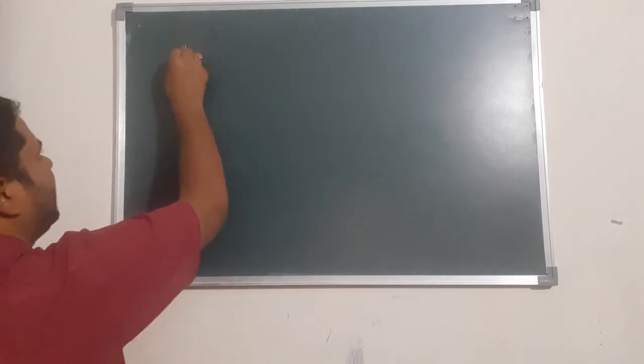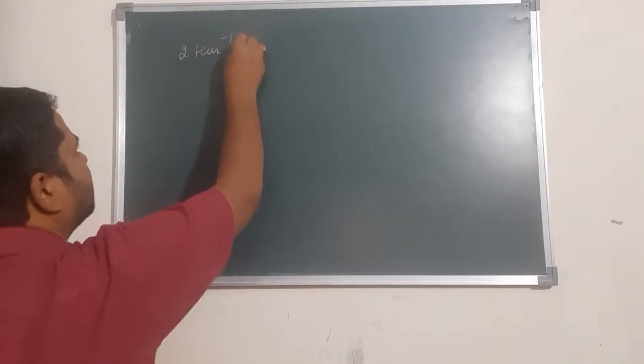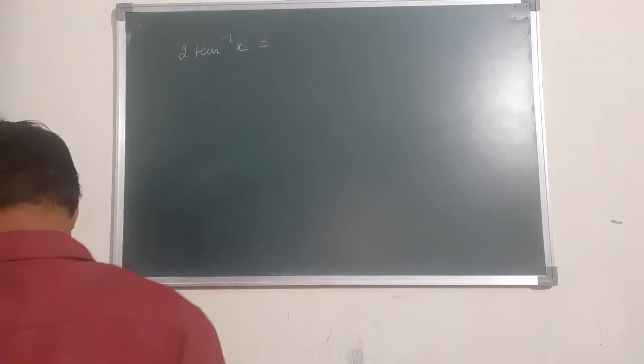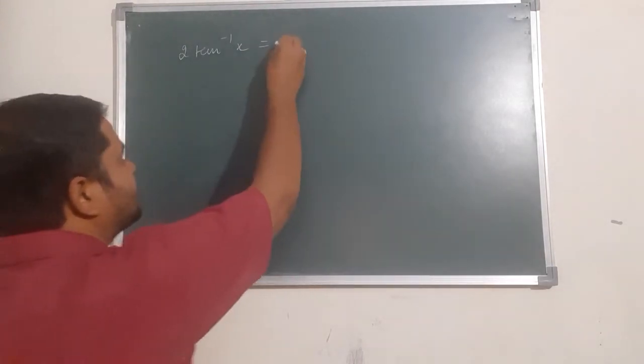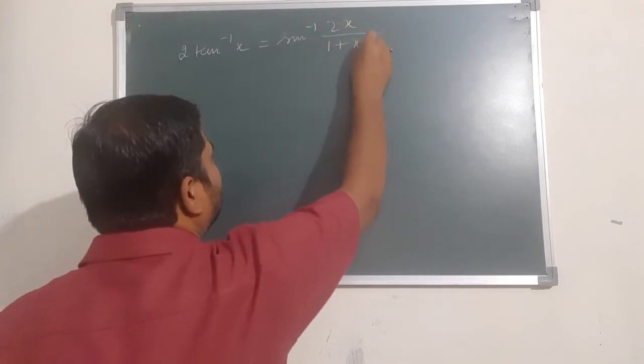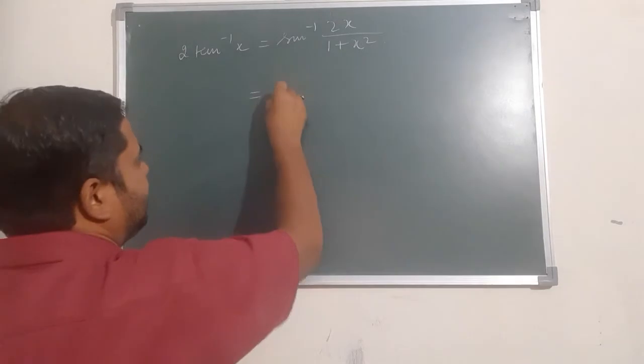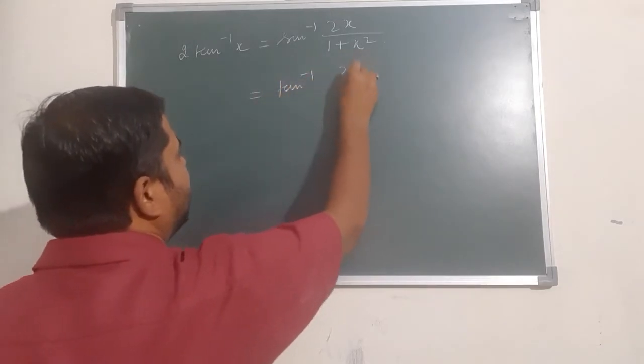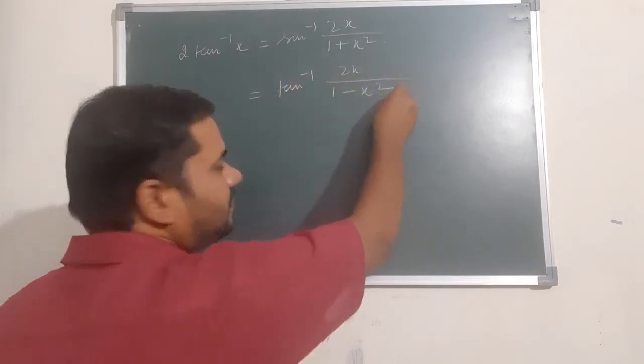Two tan inverse x is equal to, there are three forms. If you write it in sine inverse, then this is 2x upon 1 plus x square. If you write it in tan inverse, 2x upon 1 minus x square.